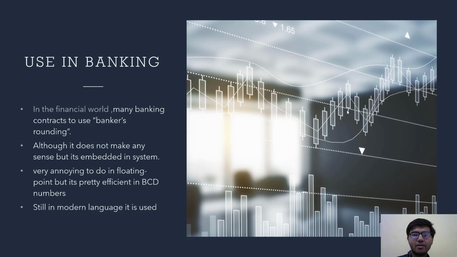It was used in earlier days when BCD numbers were used, and today they are not in place, but because they have been used from that time, the ritual continues. So we cannot change the system. So how can we do this efficiently in real-life financial systems?